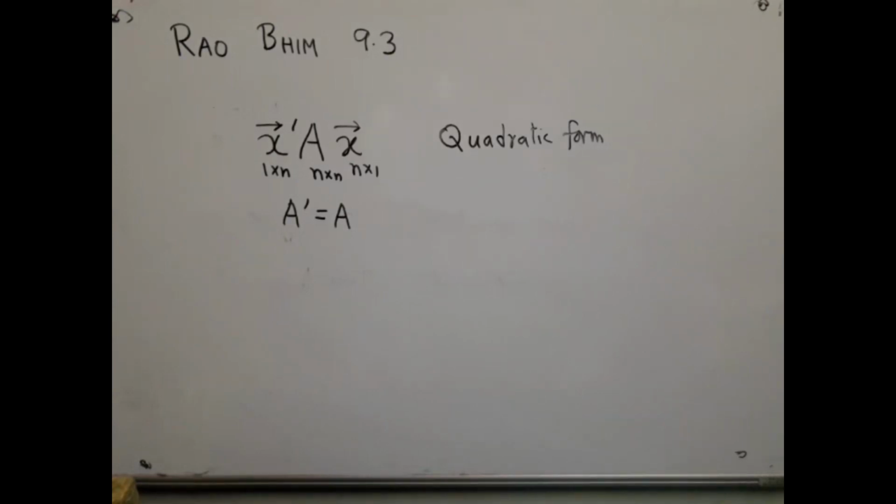In this connection, we have also seen that if I change the basis, in that case I get a different form for the same quadratic form, and that is given by the congruence transformation.